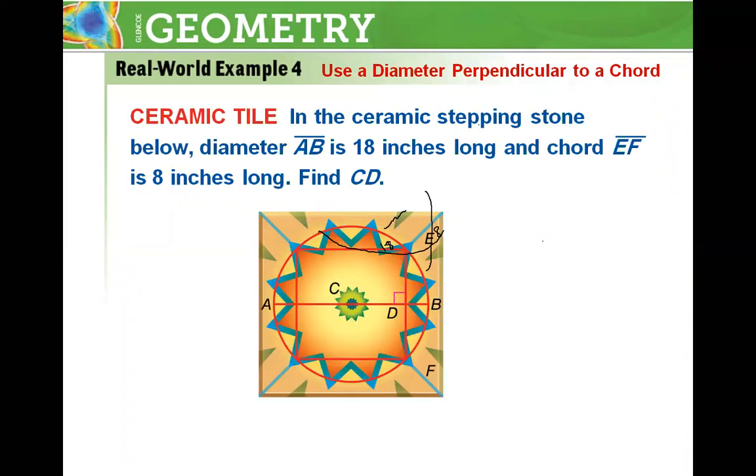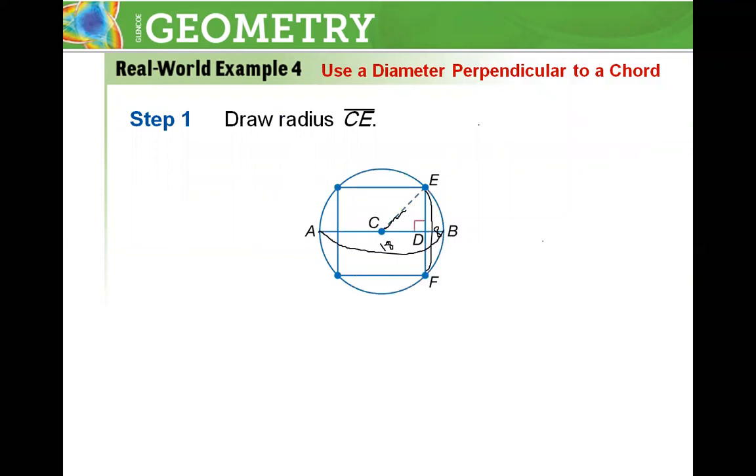I need to find CD. Okay, returning to the problem again, I need to find CD. So I need to find this part, shaded by the red pen. The length of this line.